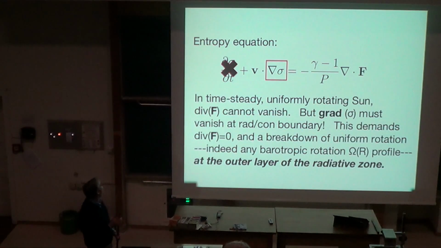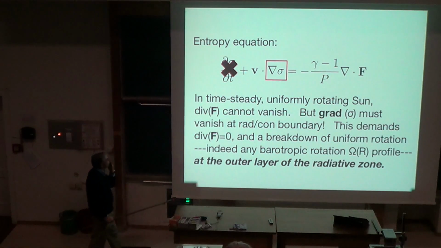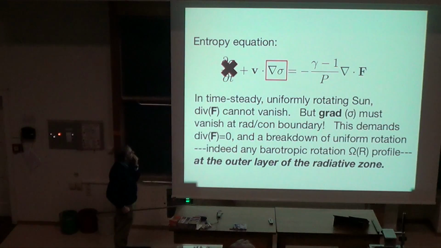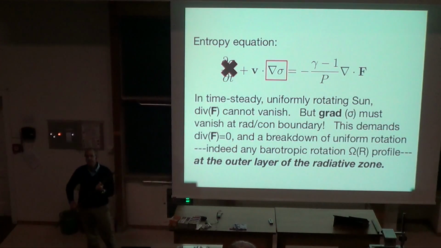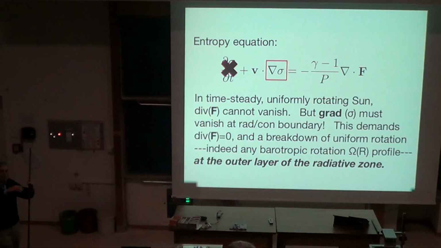Now, if I look at the entropy equation in a time-steady system, the sun is 4.5 billion years old, one of the things that you'll read in Martin Schwarzschild's book is that when I have a rotational distortion and everything is stratified on the same surface, I can't have radiative equilibrium. The divergence of F must vanish.